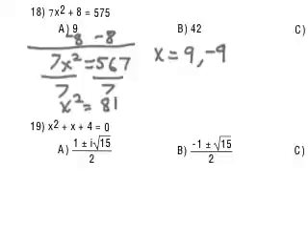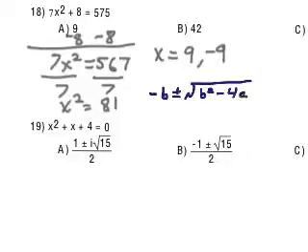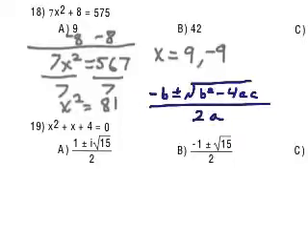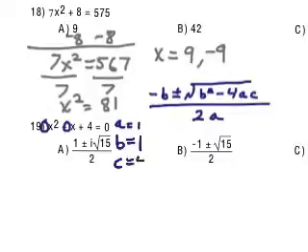Quadratic formula is negative b plus or minus the square root of b squared minus 4ac over 2a. Now a good way to do this is to write out what your a, b, and c are. So a equals 1. B also equals 1. And c equals 4.